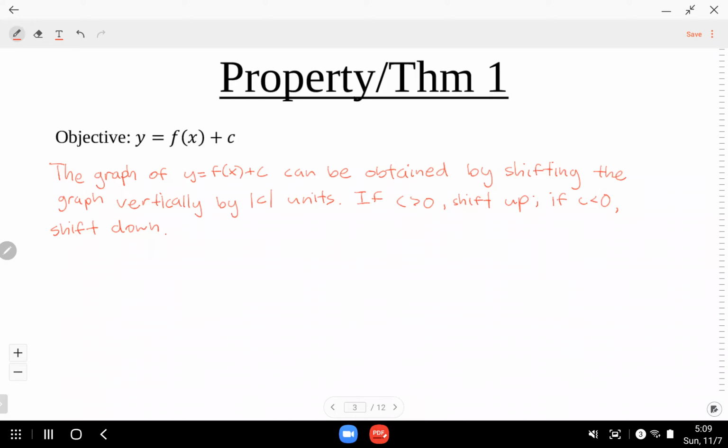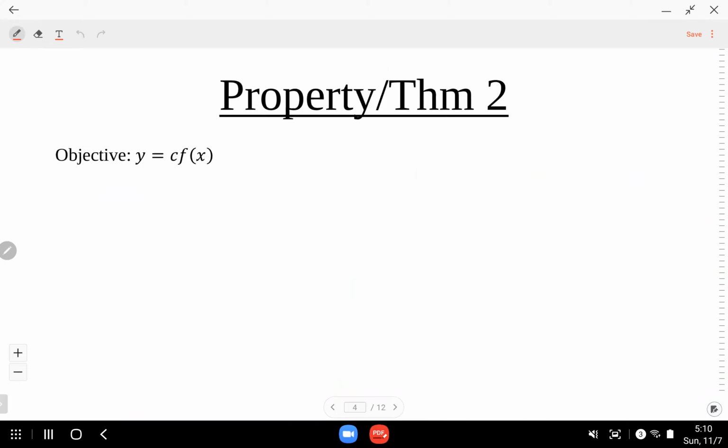So our second property, who knows what we do in this second property? What happens when we multiply c times f of x?